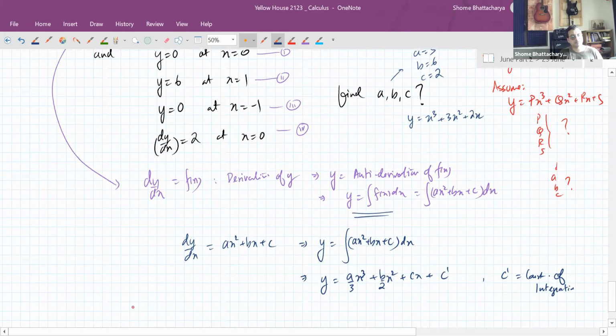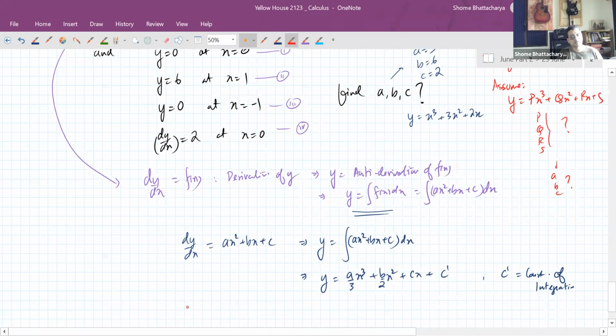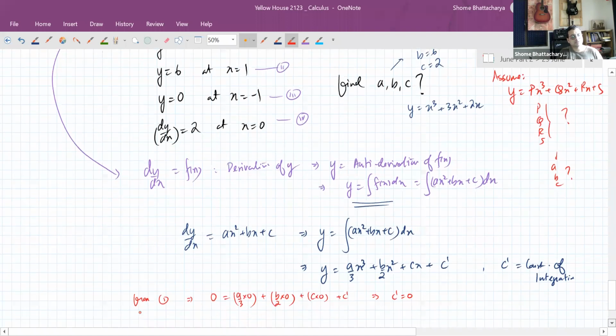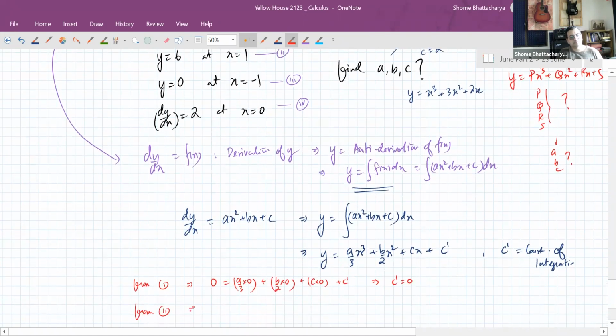From condition 1, we see that y is equal to 0 when x is equal to 0. So this will give us c prime straight away. Similarly, from condition 2, we get that y is equal to 6 when x is equal to 1. c prime is already 0, so we get this additional equation.